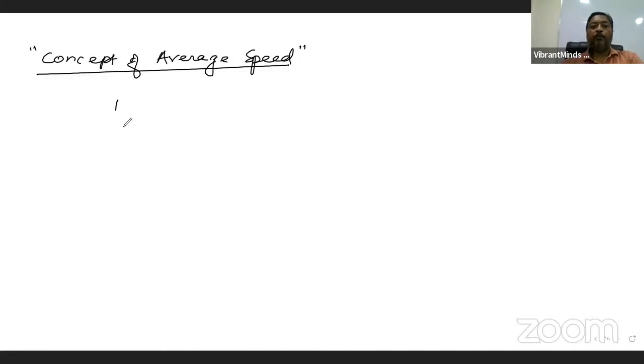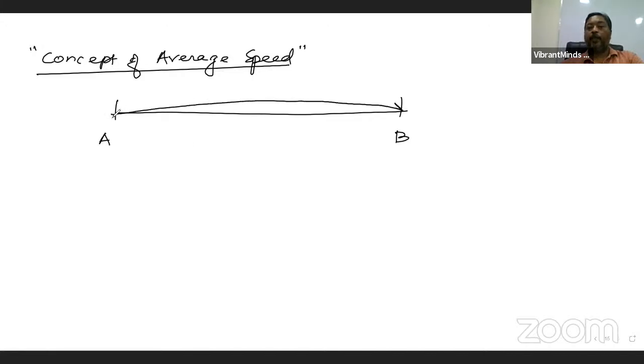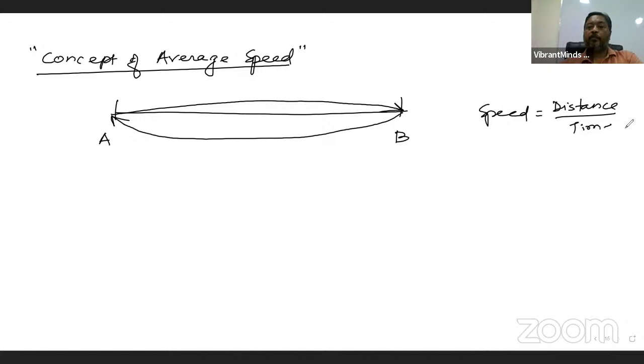Now, what is average speed? Suppose one person goes from A to B and then returns to A. Speed is always equal to distance by time.